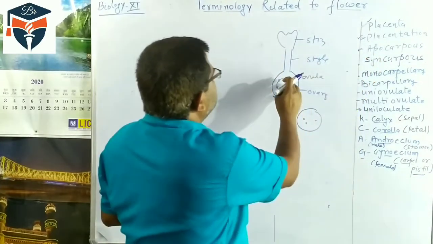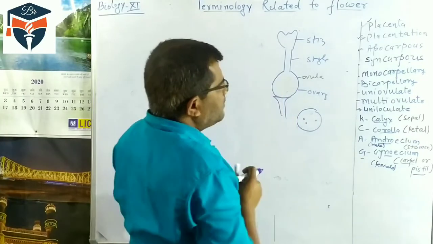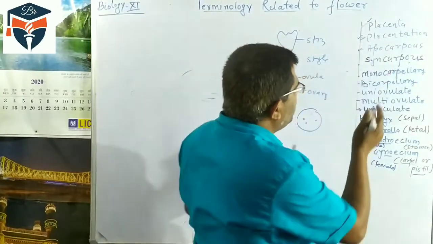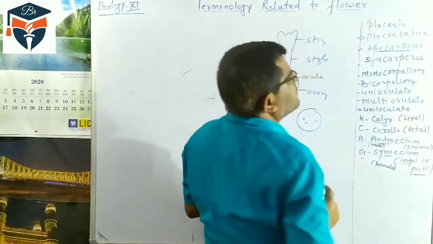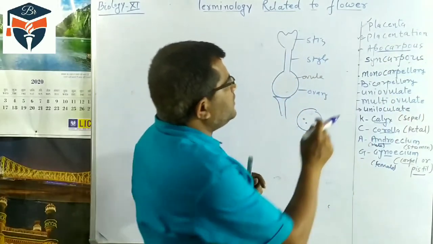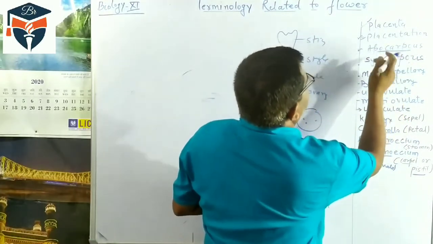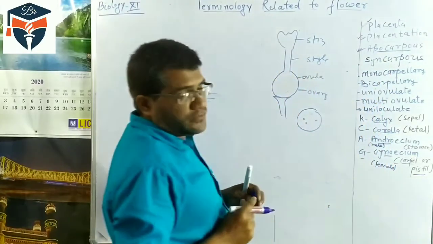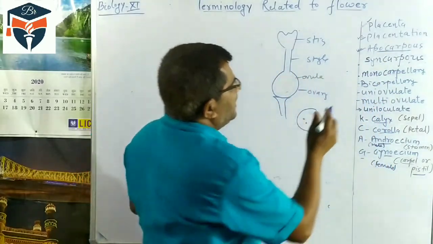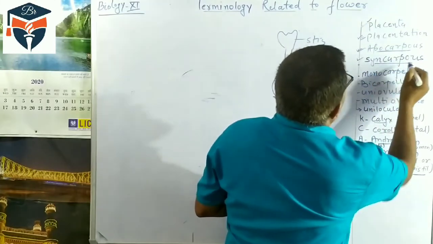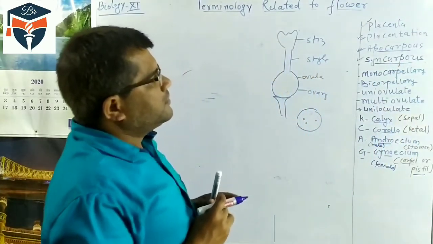Ovules are present in the ovary. If the ovules are free from each other, not joined together, this is called the apocarpous condition. Apocarpous. And if the ovules are connected, it is called syncarpous.